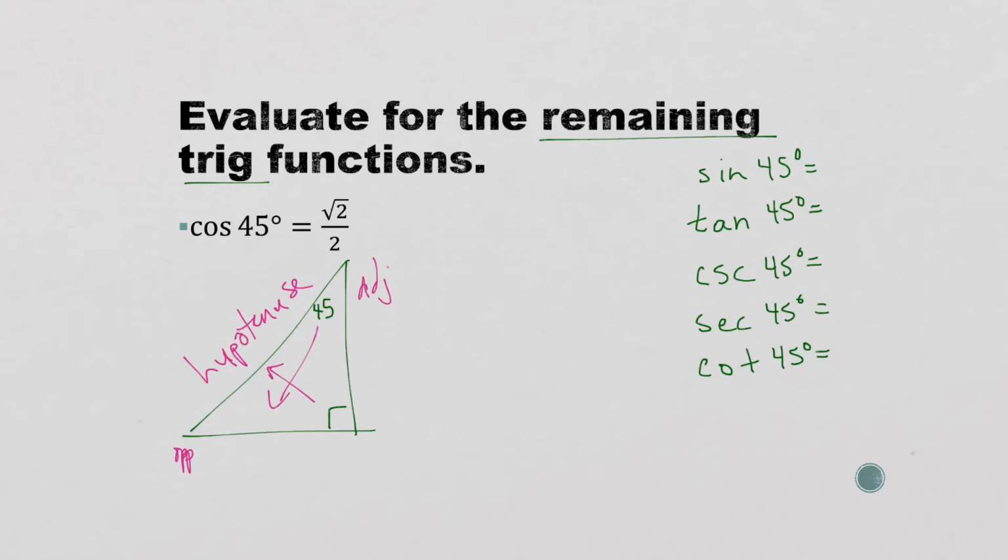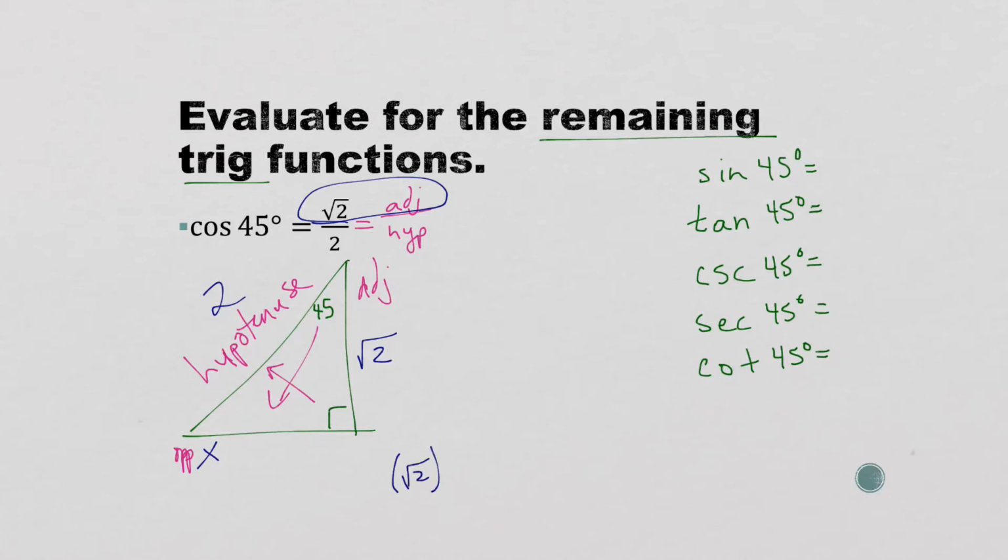Remember, cosine is adjacent over hypotenuse, which tells me that square root of 2 is my adjacent side. 2 is my hypotenuse. So now I gotta find the length of my opposite side, which will make our x.